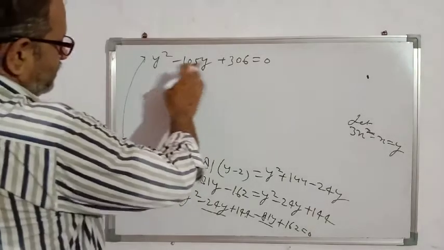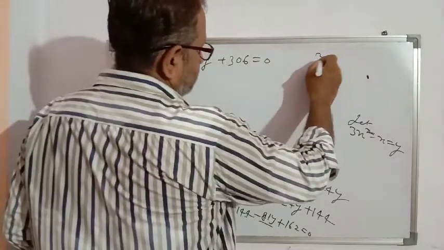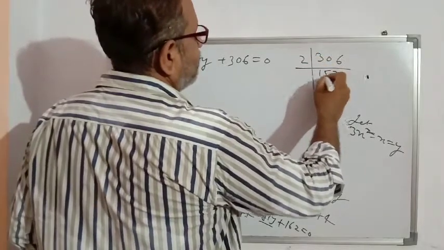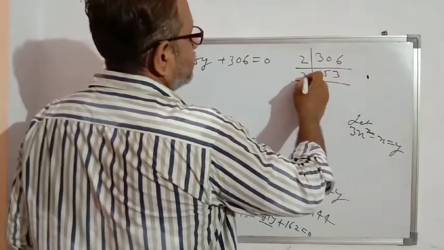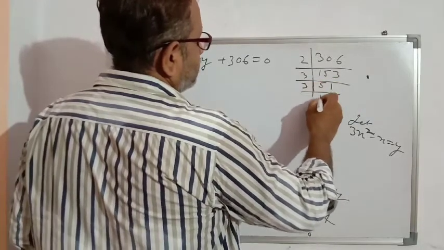Now we will factorize it. It is a quadratic equation in y. So factorize 306. 2 times 153, 3 times 51, 3 times 17.